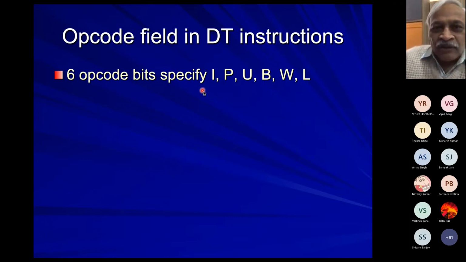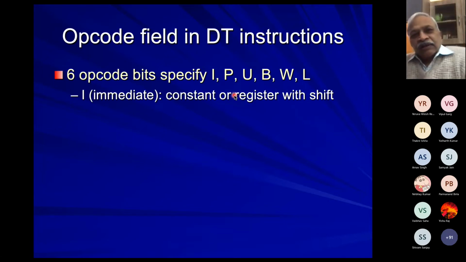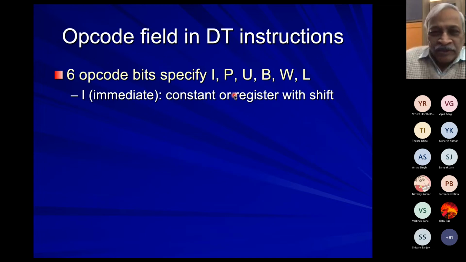So these 6 bits of opcode are designated as I, P, U, B, W, L. There are names for these, and I'll elaborate on these. I stands for immediate: whether the offset is being specified as a constant or using a register with possible shift.